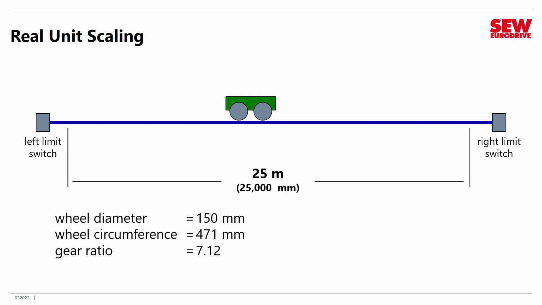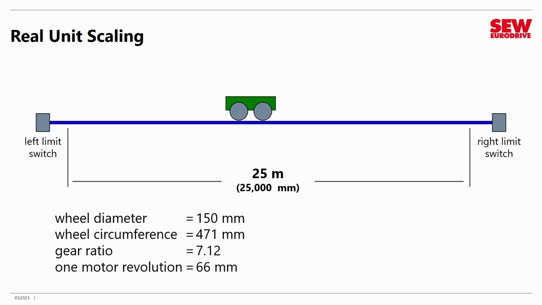All right, we're going to calculate the exact amount because, of course, we really do want this to be accurate. What we do is we take the circumference and we divide it by 7.12, and that tells us that one motor revolution doesn't move us 471 millimeters, it moves us 66 because the gear ratio slows everything down.